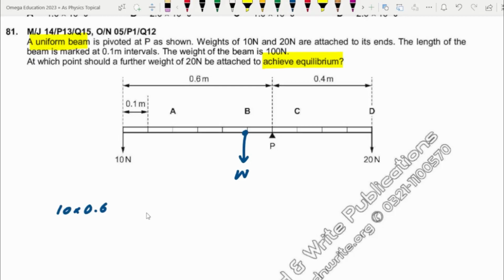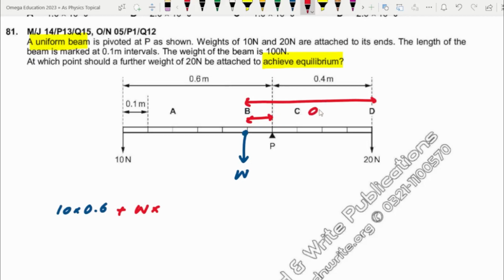The second force that you have is W, and the distance of that force from the pivot. So W times, this is the distance of that force from the pivot. You see this whole distance from B to D is 0.5 meters, because the total length is 1 meter and weight is exactly through the middle because we have a uniform beam.